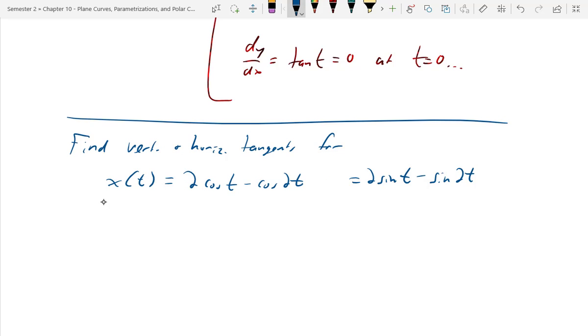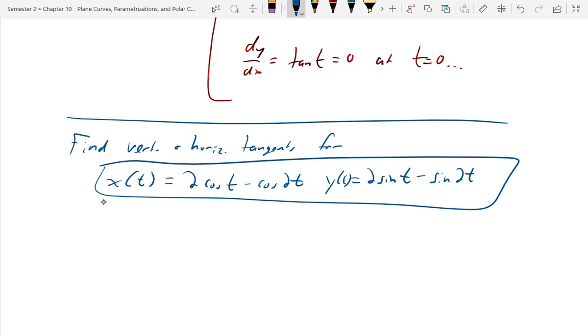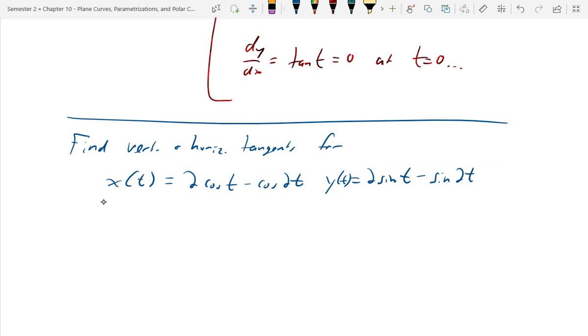Let's just do y of t to keep consistent. And we're going to do that on a domain restriction, in interval notation, of 0 to 2 pi, including 0, not including 2 pi.